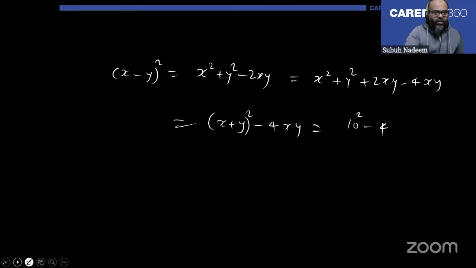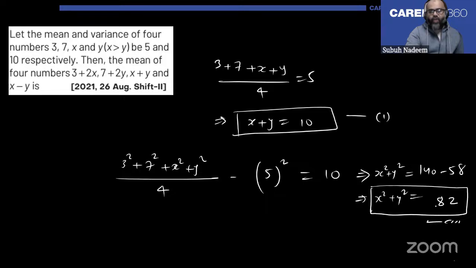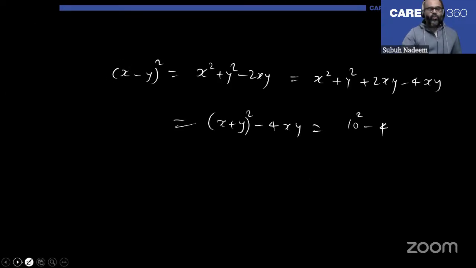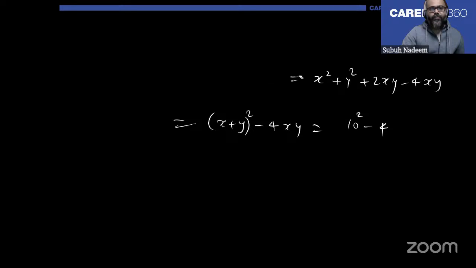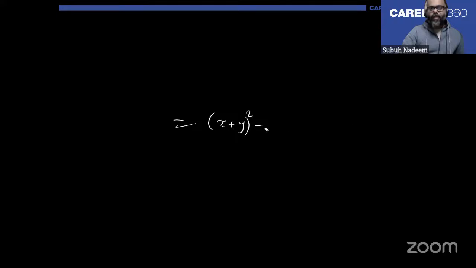And x square plus y square is 82. So we could have written it like this. One thing we can do is that we find first x into y. Okay, so how do we find x into y?